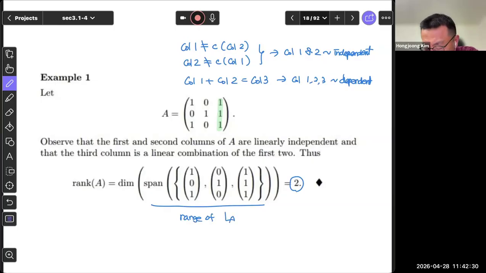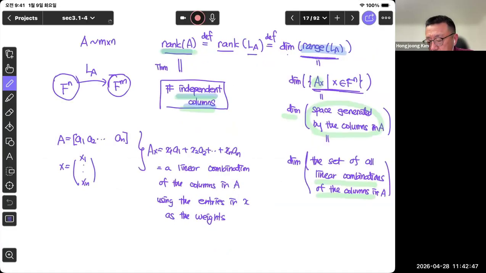Okay. So that is the collection of all the A times X vectors when X varies within the R3 space. And previously, the set of all linear combinations of the columns was called the span of the columns in A matrix.